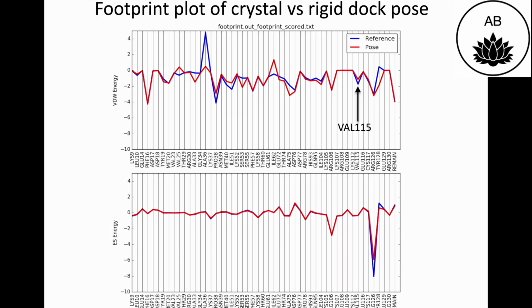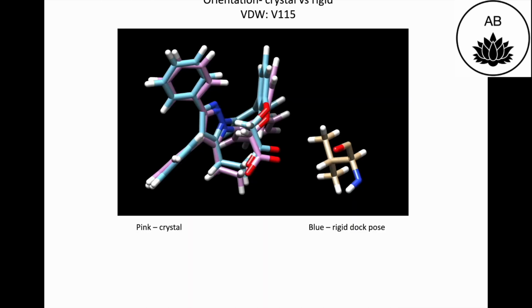Now, what's happening with valine 115 when it comes to van der Waals energy? In case of valine 115, which is marked here with an arrow, it is noticeable that the docked pose actually has higher energy. So the crystal structure actually is more stable. So what's going on? Valine 115 is on the right here.